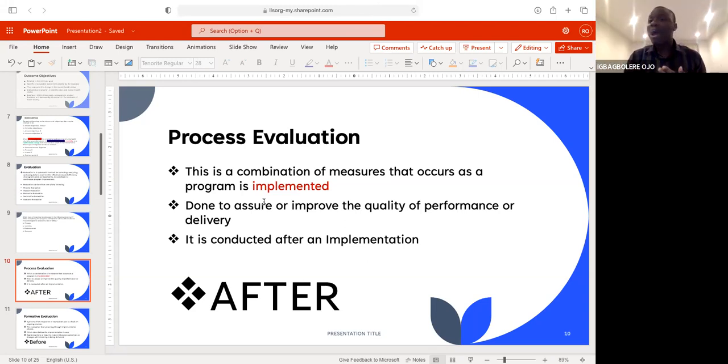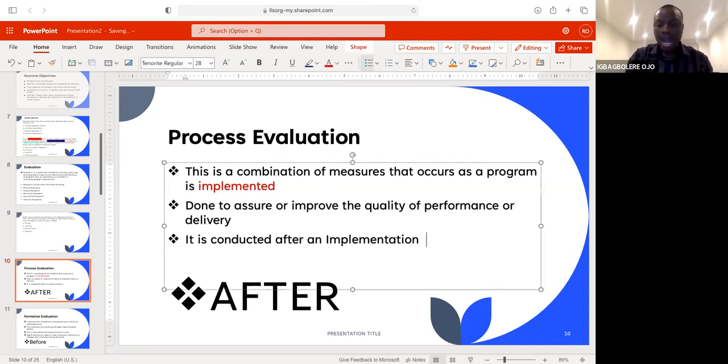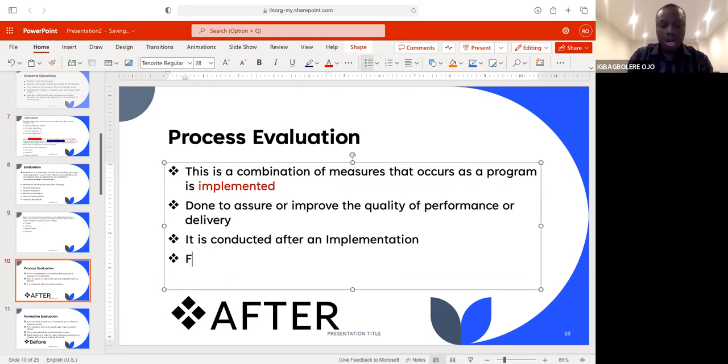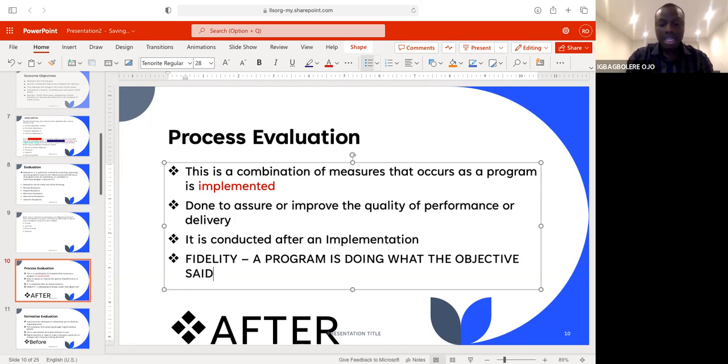Was it done right? Does it match fidelity? Fidelity is another key word, which means a program is doing what the objective said it would do.